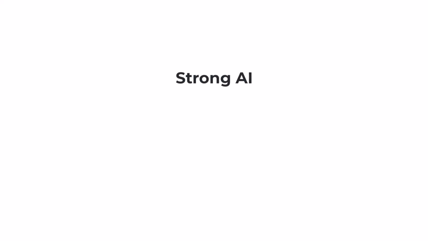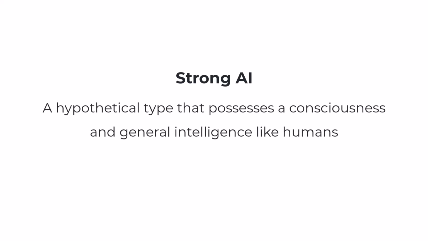In contrast to weak AI, strong AI is a hypothetical type of artificial intelligence that would possess a consciousness and general intelligence so that machines could think, reason, and make decisions like humans.